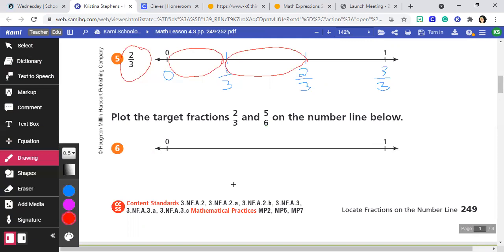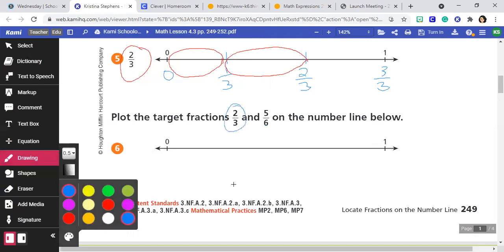Now, up until now, we've looked at the denominator to know how many equal parts we need on our number line. But now we have 2 denominators. So what I'm going to do is use 2 different colors. The first one, 2/3, has a denominator of 3. So I'm going to first divide this number line into 3 equal parts and label it.